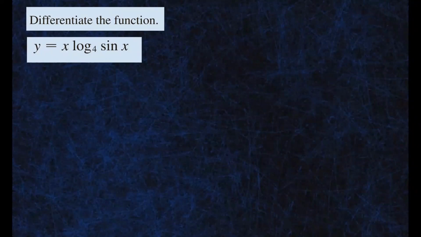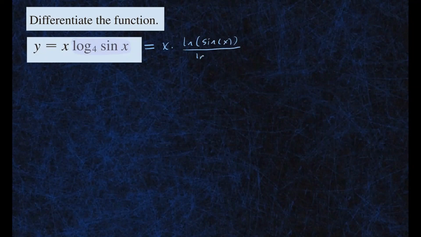Here's the last example where I want to find y prime of this particular function. So again, we're going to change the base to natural log. Changing it to base e, I have x times, and I'm only changing this piece right here, so you have ln of sine of x over ln of 4.